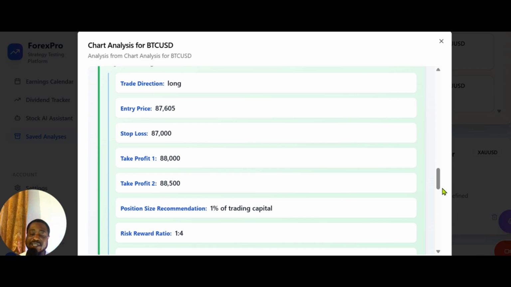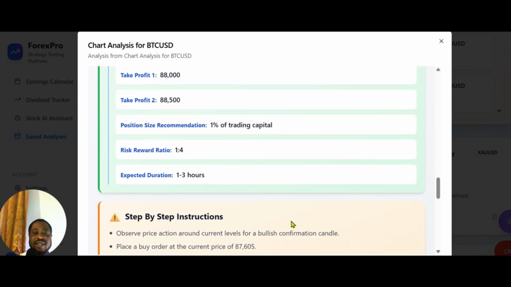So this time around, it was seen as a medium trade probability, so it tells us to trade only 1% of our capital, and it was giving us a risk reward of 1:4, and the expected trade duration was 1 hour to 3 hours. This is amazing. It will tell you when to expect your profit to be taken. So it gave a 1 hour to 3 hour time frame.